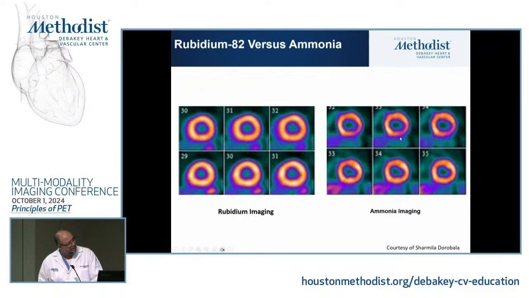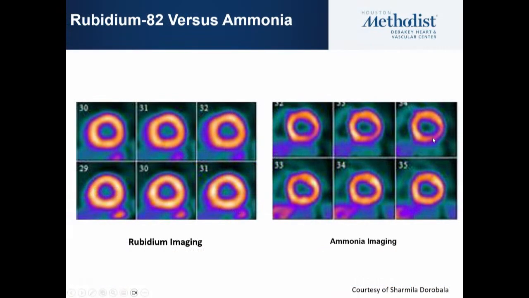Here you compare the same patient who had rubidium and ammonia. You can see stress on top, rest on the bottom, and at stress you see this defect, even in the absence of obstructive disease. This is one of the known artifacts from ammonia, may be related to the heart rate and the diastolic filling, but we don't know that for sure.